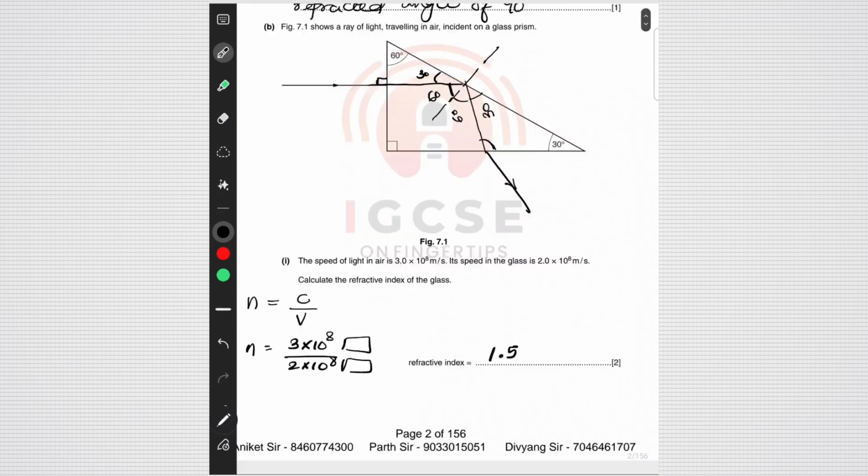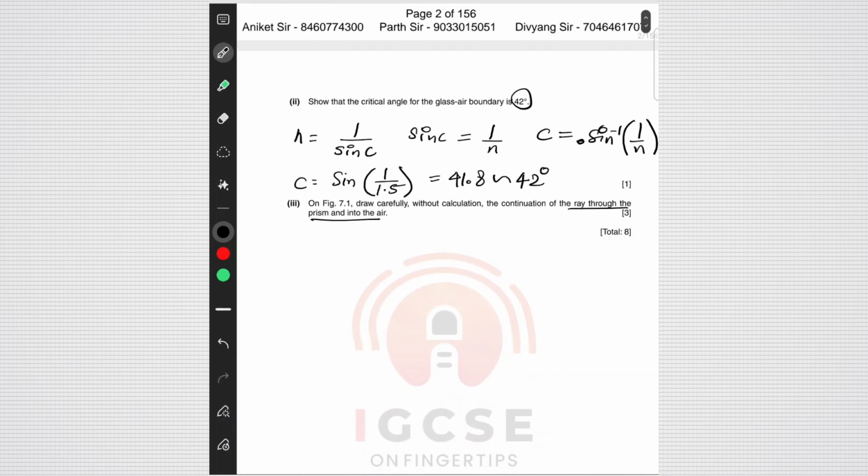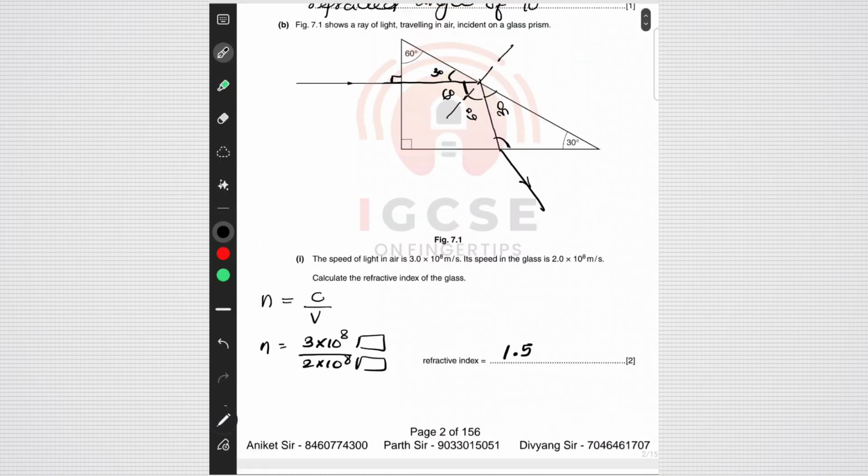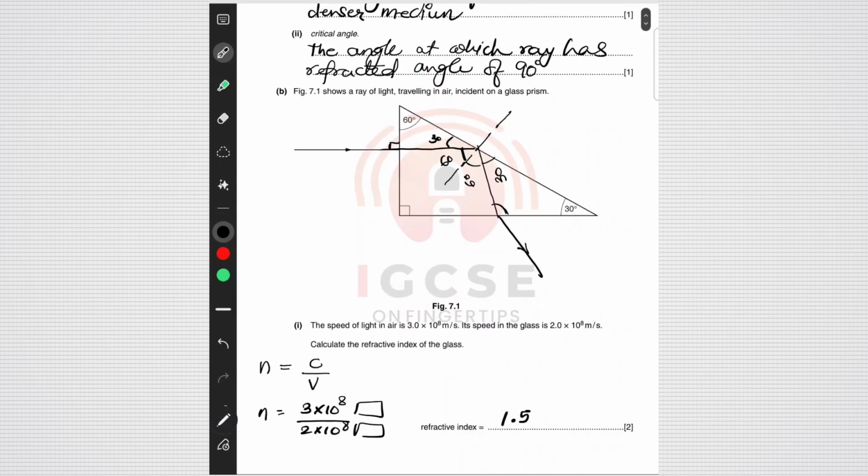So without calculation, but what calculation? That sine i upon sine r is equal to 1.5. Without using this calculation, you can still draw these rays. Try to give all your rays arrows so it is clearly visible. Also try to draw all the normals that you use.